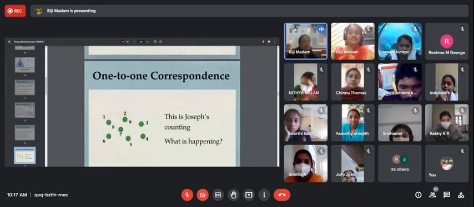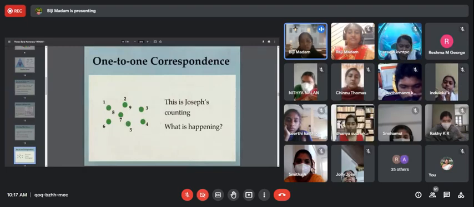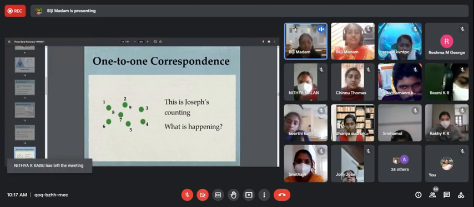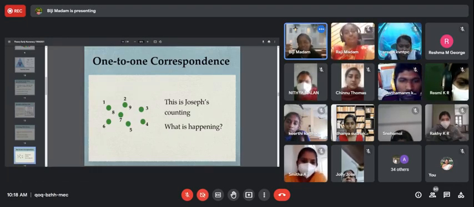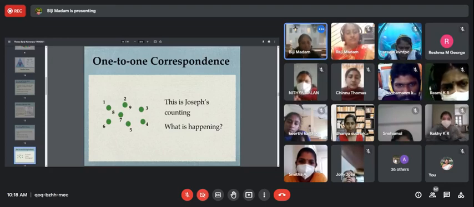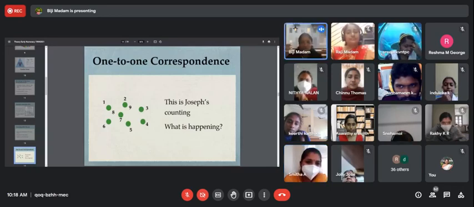Now what is one-to-one correspondence? Can anyone tell me whether the child is counting in the correct manner? How will the child count? Smita, yes madam, how will the child count, or do you find any error in this? You can also be a small child.